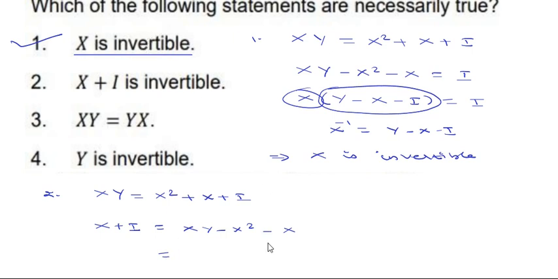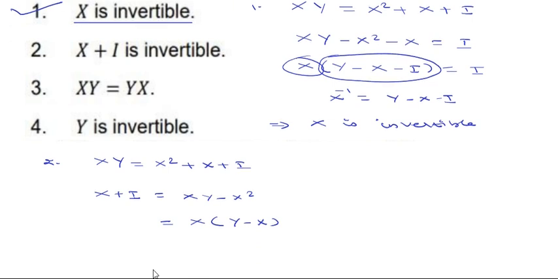Sorry, that's a mistake here. So x plus I equal to xy minus x square. So we will get x times y minus x. So x plus I equal to 0 when y equal to x. So under the condition y equal to x, we have x plus I equal to 0. So this implies x plus I is a 0 matrix.